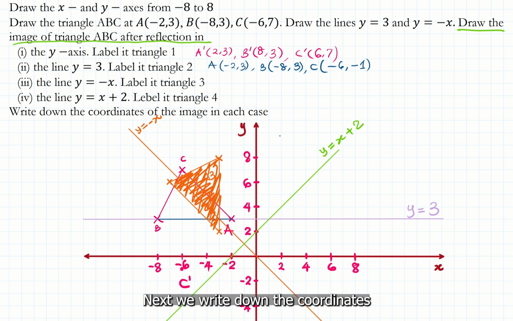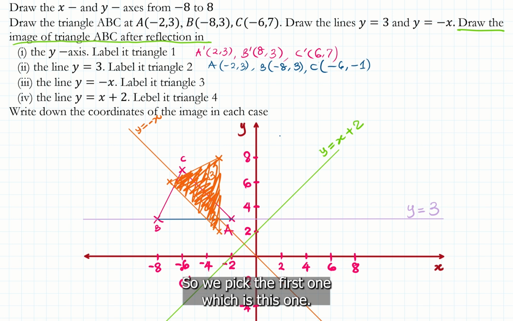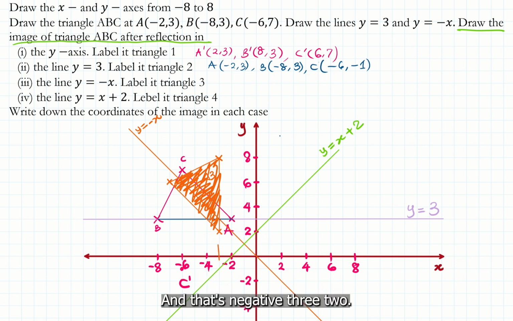Next, we write down the coordinates for 3. Okay, so we pick the first one, which is this one, and that's -3, 2. Then if you take a look at B, the x there is -3 and the y is 8.